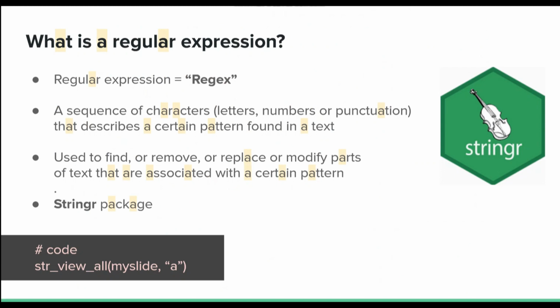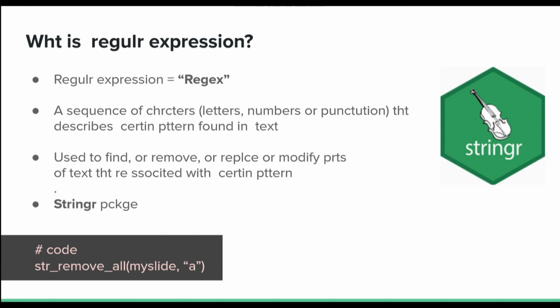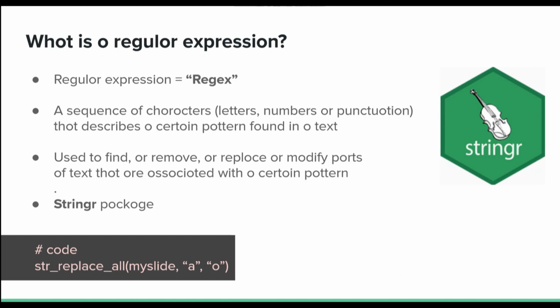If we instead used str_remove_all, all instances of the letter A would be removed. If we wrote str_replace_all, A, O, then all instances of the letter A would be replaced by the letter O, just like this.